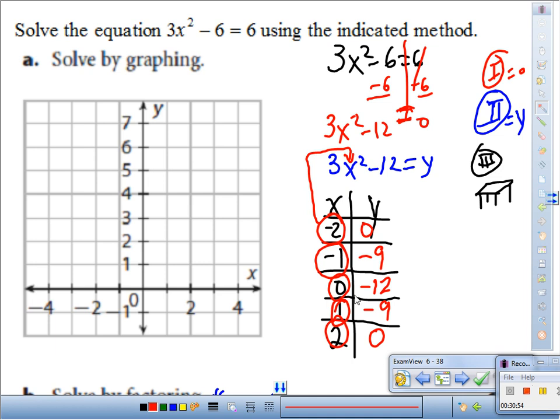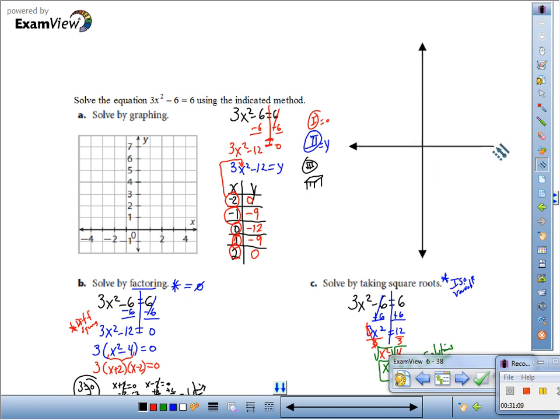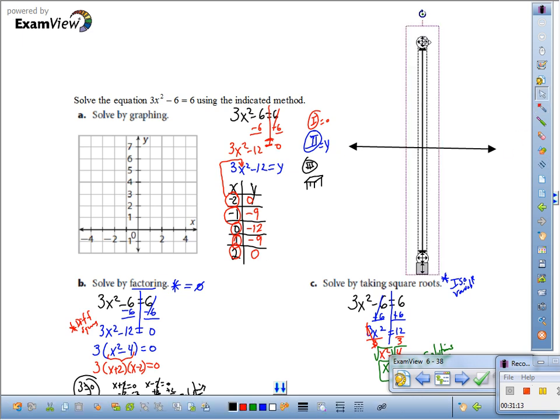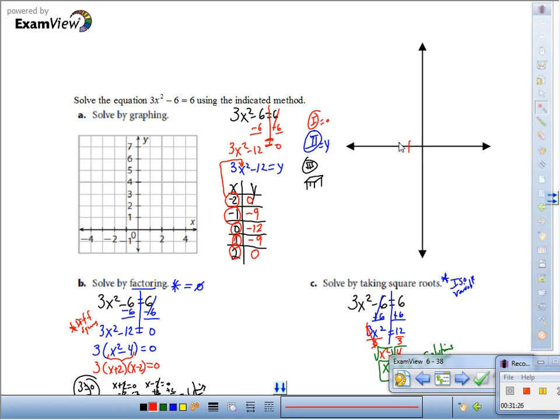All right, who notices that we're going to have a -12 and this doesn't go all the way to -12? Let's do a coordinate plane over here on this side. First point is (-2, 0), which is right there.